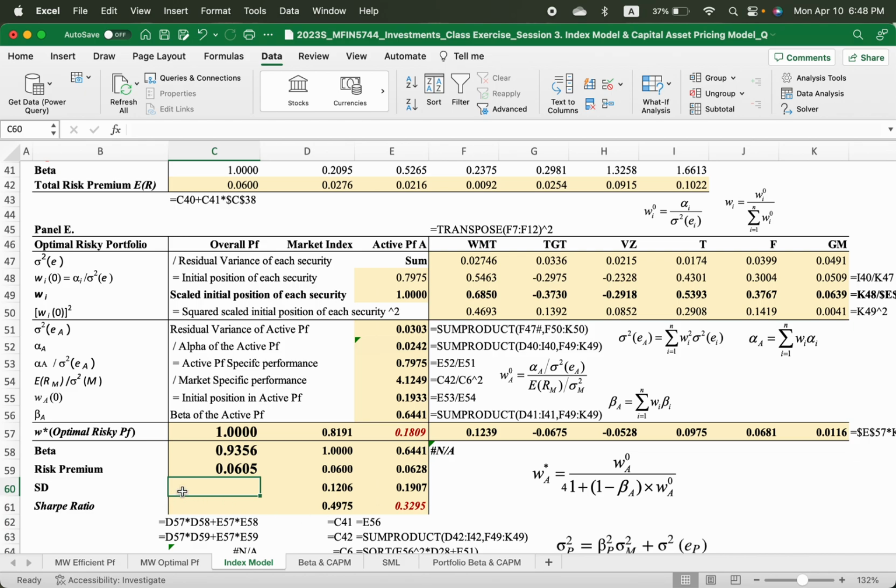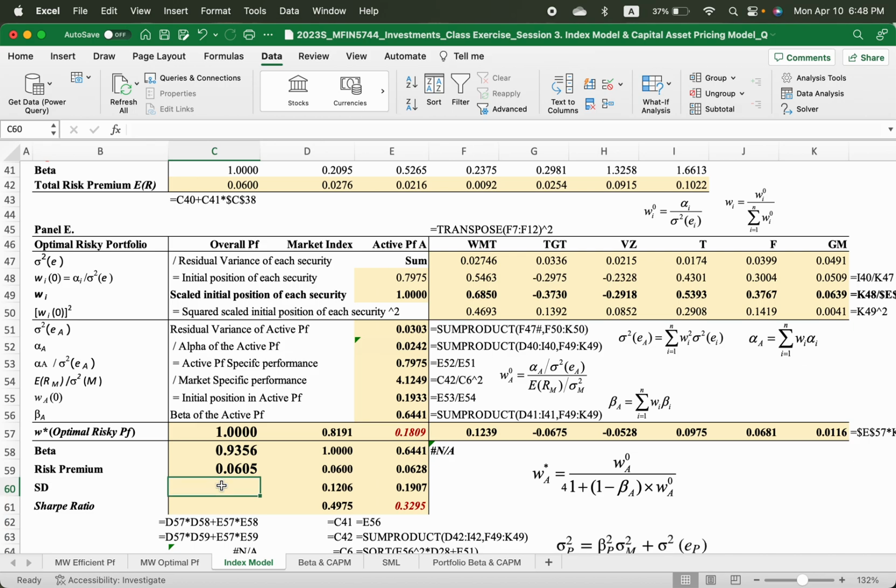So the risk premium is now slightly lower because the risk premium or excess return of the active portfolio is 6.28 and the market index is 6. Now the overall portfolio based on this weight allocation has 6.05%. Now the standard deviation must be lower, right? That increases this Sharpe ratio.